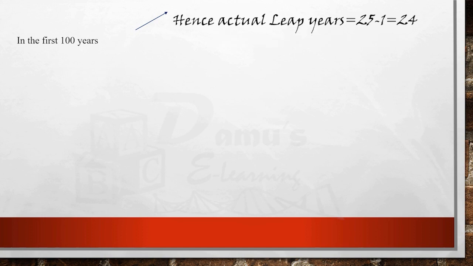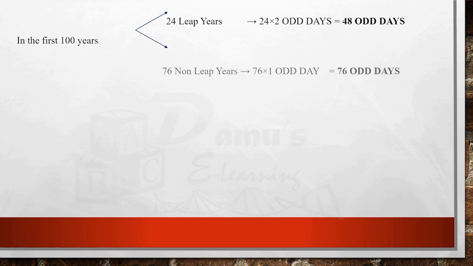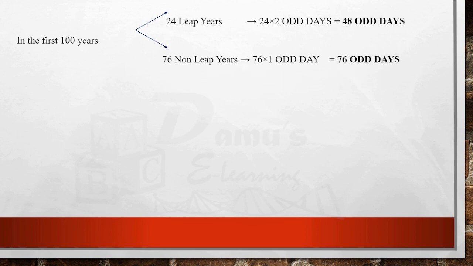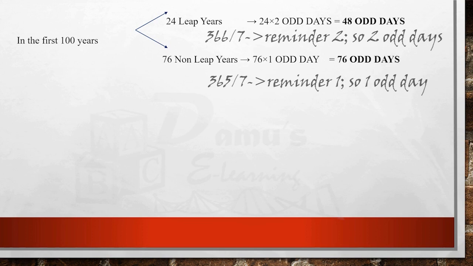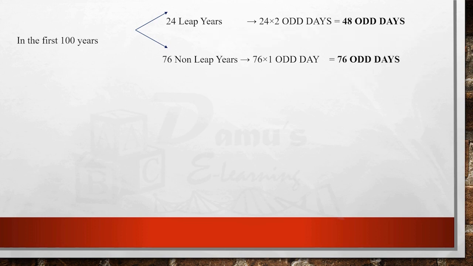Therefore, we will get 24 leap years and 76 non-leap years. We know that every year has one odd day and every leap year has 2 odd days. Therefore, 24 leap years means 24 into 2, 48 odd days.